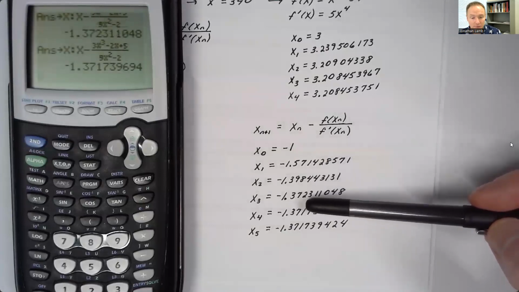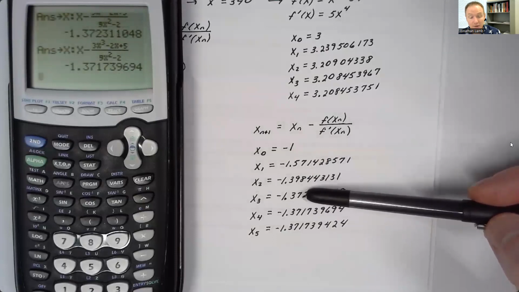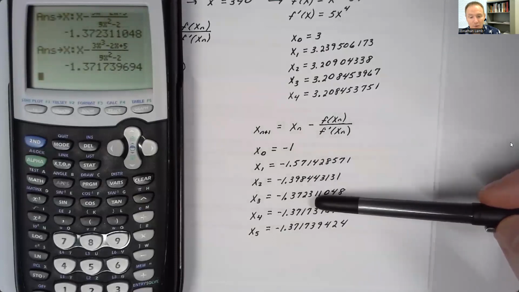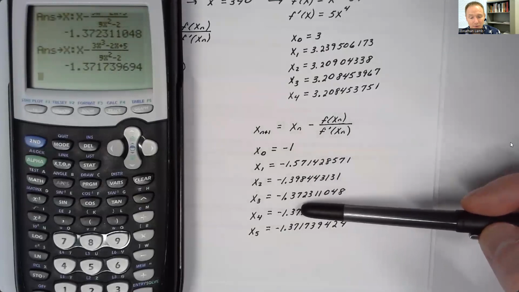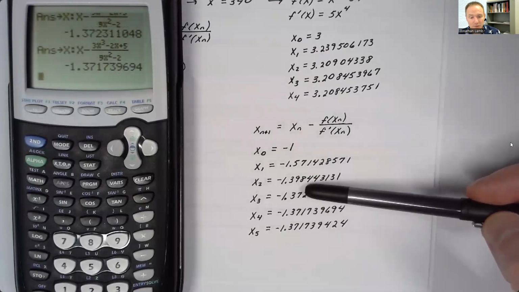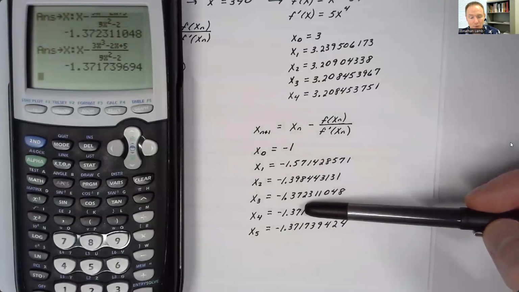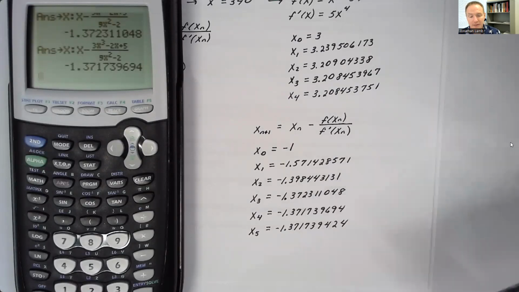But in my fourth refined guess, I do see that the negative 1.37 part did repeat. So I know I'm accurate to two decimal places, but the third decimal place could still either be a 2 or a 1. Well, either way it would round to be a 2, it looks like. But I would not have 4 decimal place accuracy. So I could say, well, you've got to do it again.